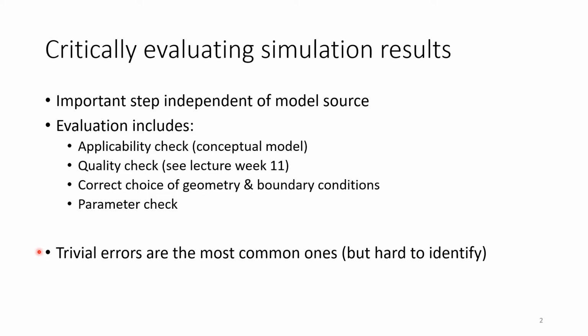Forgetting a minus sign somewhere, taking the wrong units, stuff like that. Trivial things which can be damn hard to identify. It's not because the error is trivial that finding it is also trivial. And this is what this video is about: helping you identify trivial mistakes in the simulation.